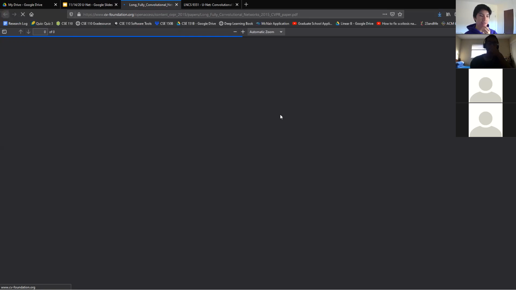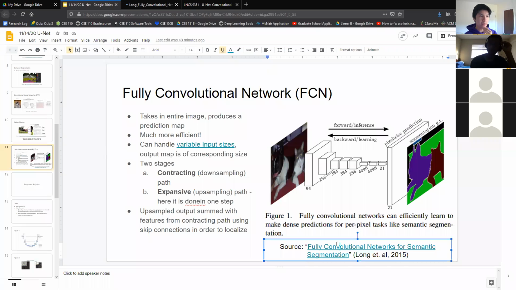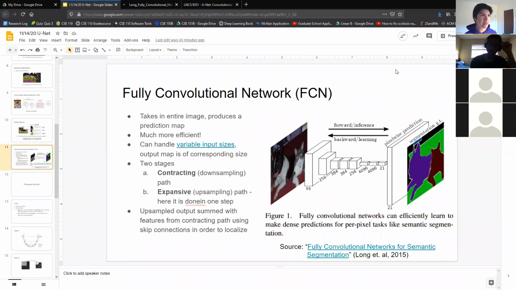And the researchers actually also realized this problem. There's a really useful illustration somewhere. I can't remember if it's in this paper or not. But basically, let me try to annotate this. What they're doing is combining this upsampling with the contracting path features from here, right?